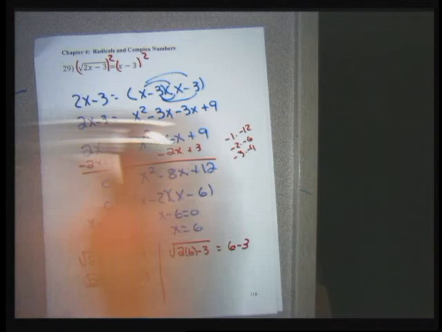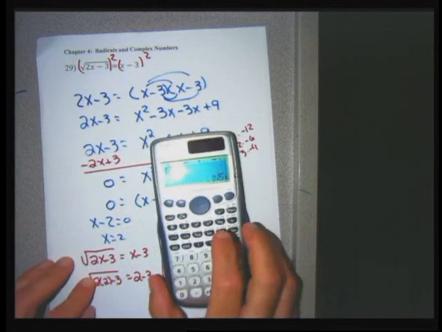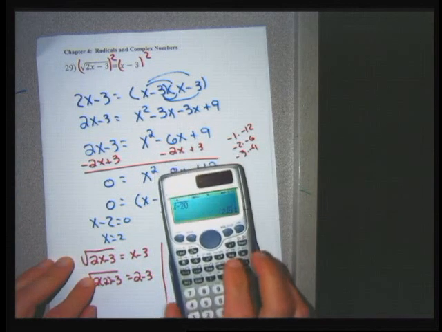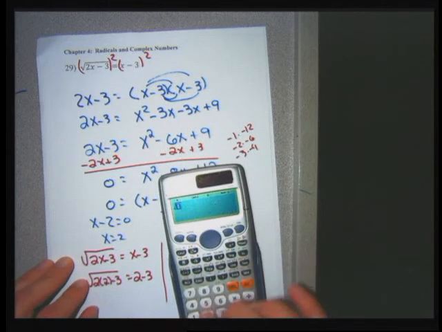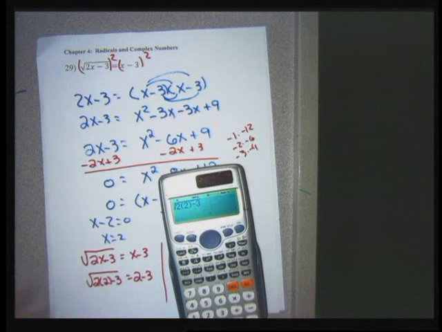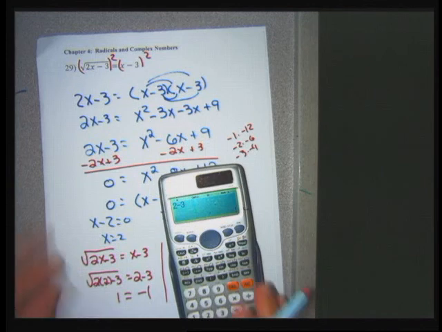So for the 2, the left side wants me to do the square root of 2 times 2 minus 3. The left side gives me positive 1. And the right side, 2 minus 3, gives me negative 1. That's called an extraneous solution. You shouldn't include 2 in your answer because it doesn't check.